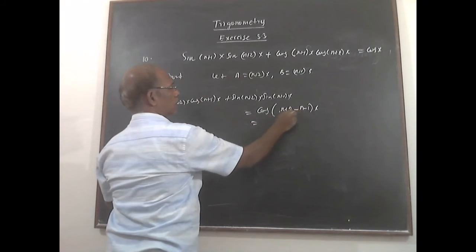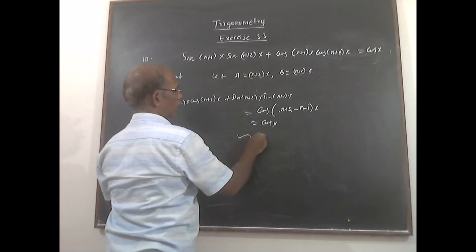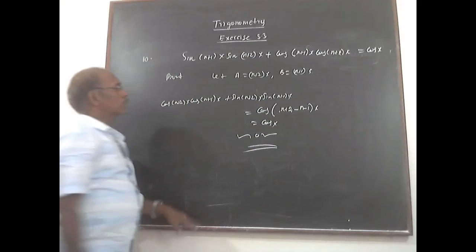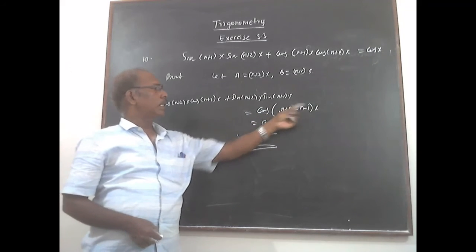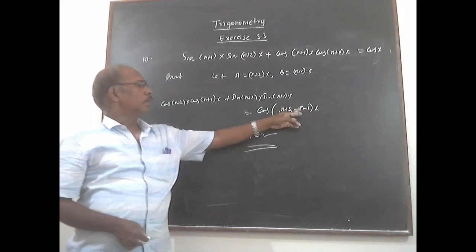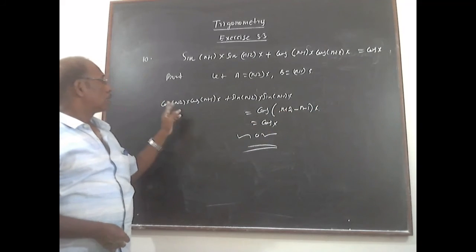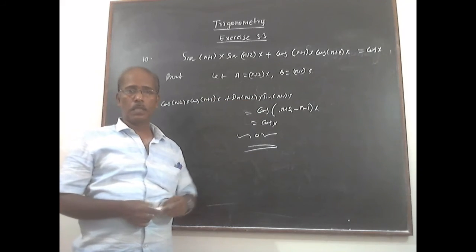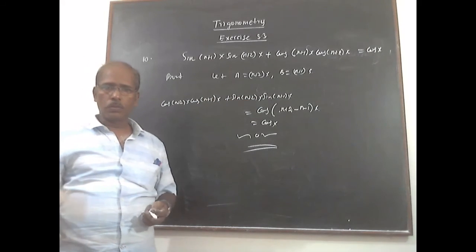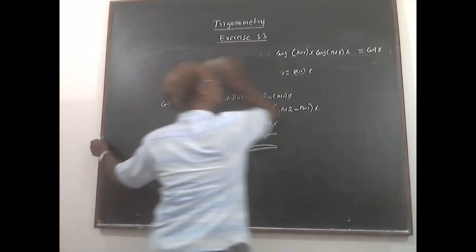N and n cancel, 2 minus 1, 1, so cos x. Okay, hence the proof. This (n plus 2)x is A, (n plus 1)x is B. This is nothing but cos of A minus B, cos A cos B plus sin A sin B. Go through it. We'll go to one more question.